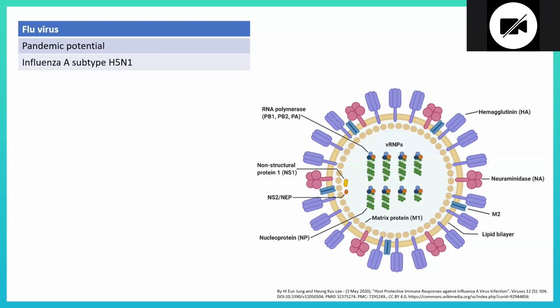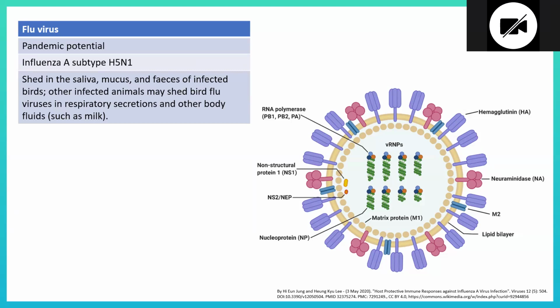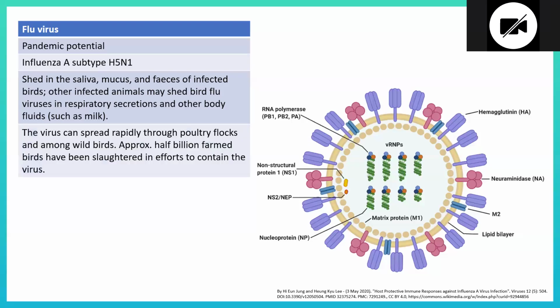The influenza A subtype H5N1 is shed from the saliva, mucus, and feces of infected birds. Other infected animals can shed it in other bodily fluids, such as their milk, for example. So it's worrying if it gets into cows, as it has in the United States.